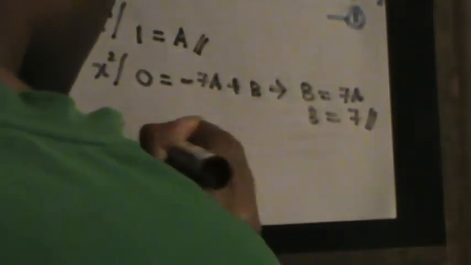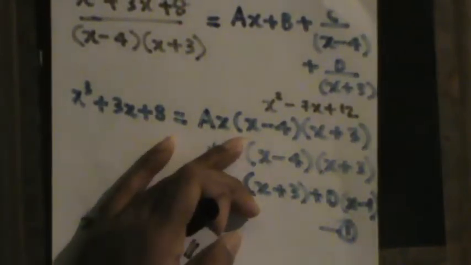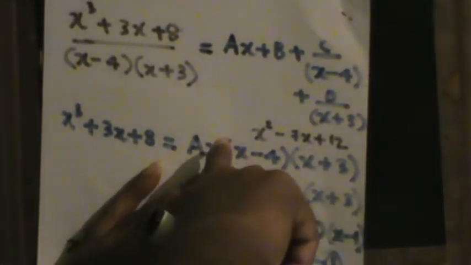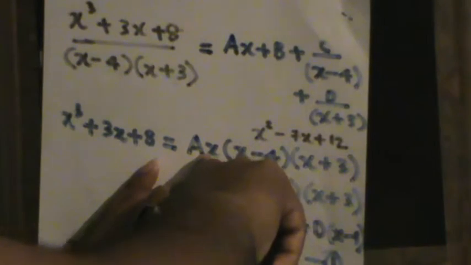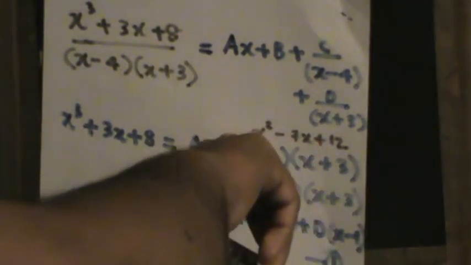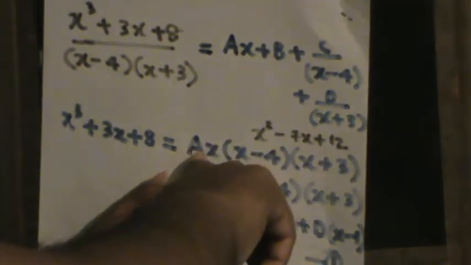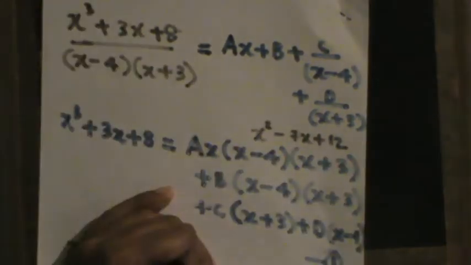So it will be 3 equals, and on the right side I will get an x term when I multiply ax by 12. That's why I told you to always solve this first. It's easy to find now. When I multiply ax by 12, I will get 12ax, so the coefficient of x will be 12a.